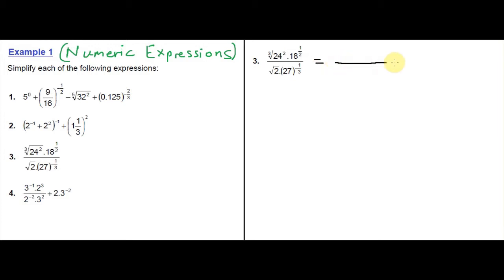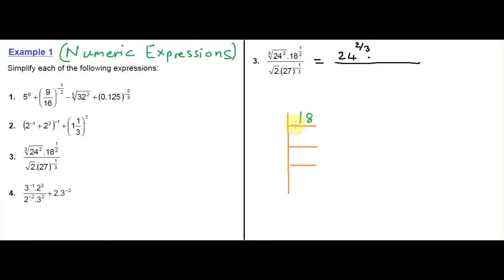So we can write it as 24 to the power of 2/3. For the 18, we're going to use prime factors. So we have 18.